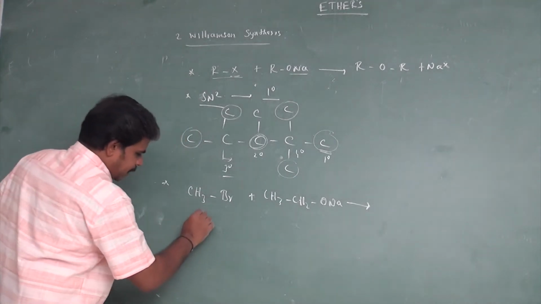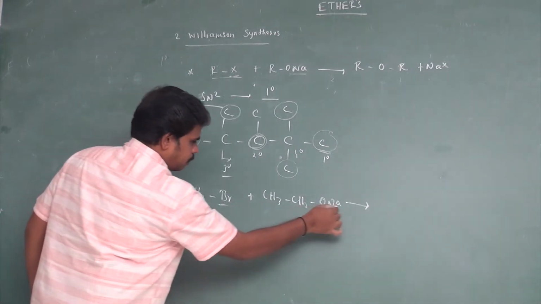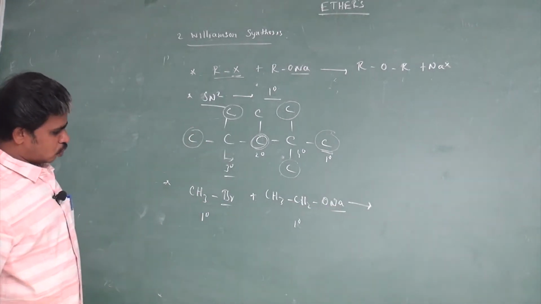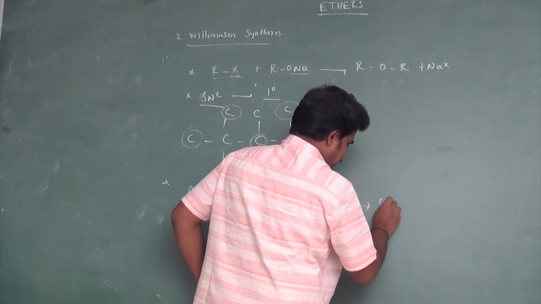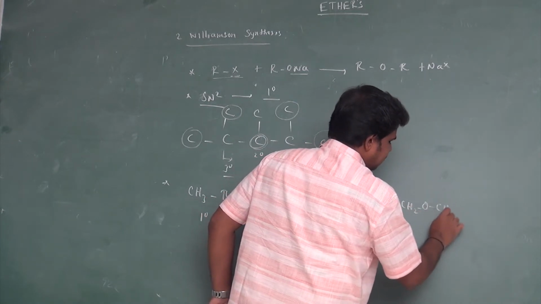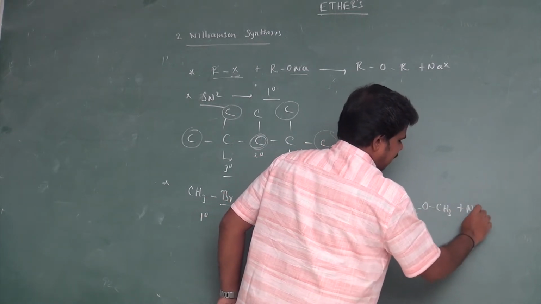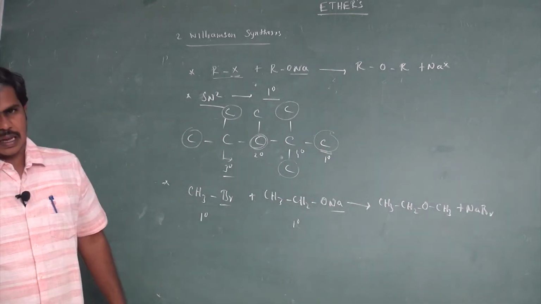Now it is a primary carbon and it is also a primary alkoxide. So just Br and Na are removed, and we get the normal ether. It is CH3CH2OCH3 plus NaBr. So both are primary, no problem at all.